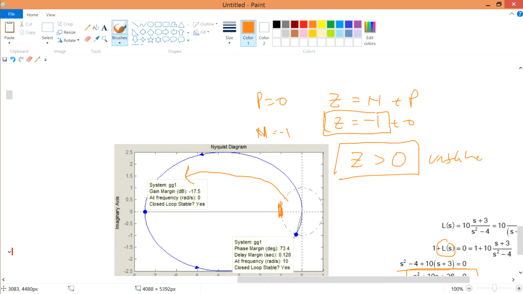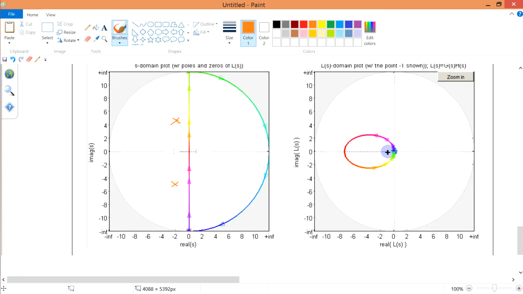From our finding, Z is lesser than 0, and therefore this is stable. And we also showed you that there are no zeros, no poles over here.